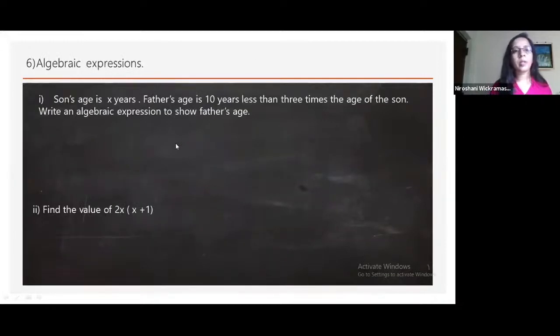Algebraic expressions. Son's age is x years, father's age is 10 years less than 3 times the age of the son. Write an algebraic expression to show the father's age.